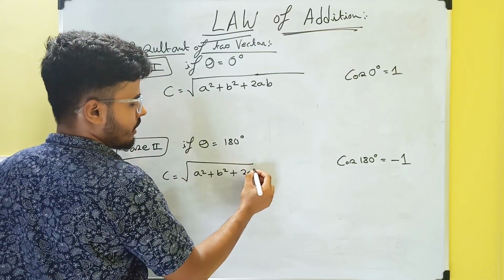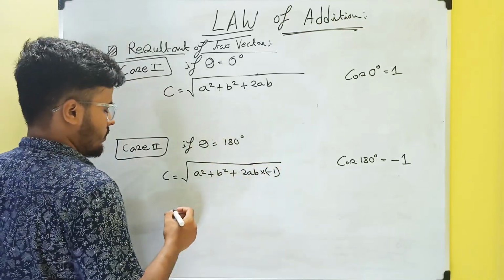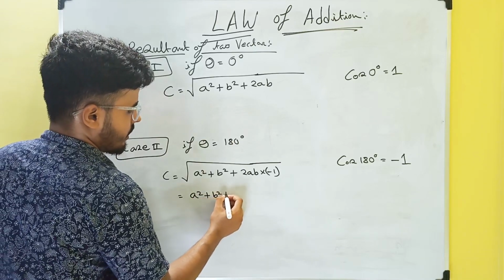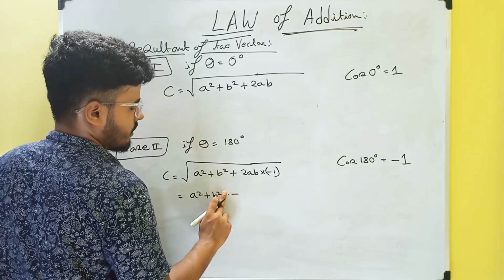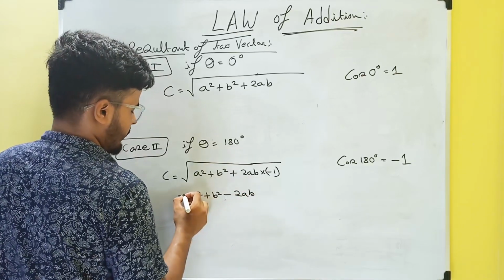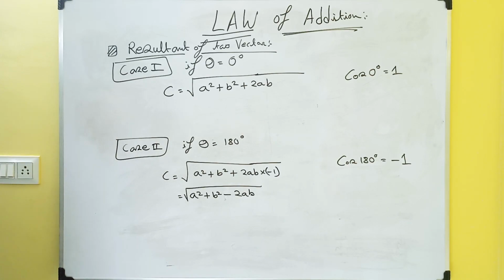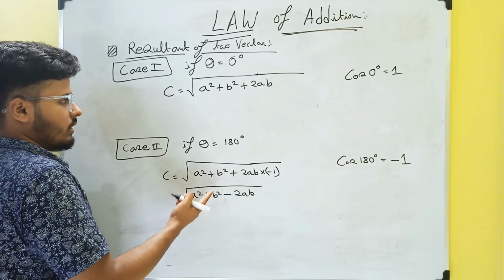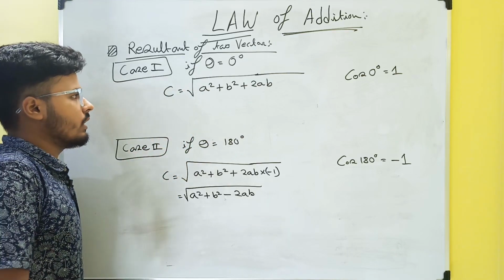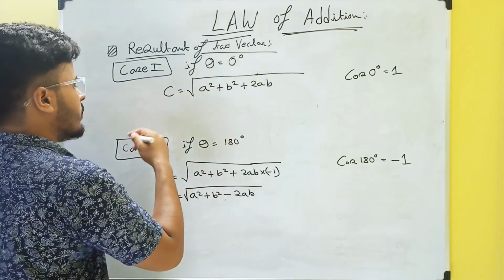So 2ab will be multiplied with minus 1. So the value will be a square plus b square minus 2ab. Now which one is bigger in value, this one or this one? Obviously this one, right?